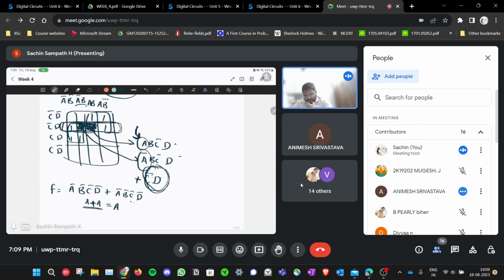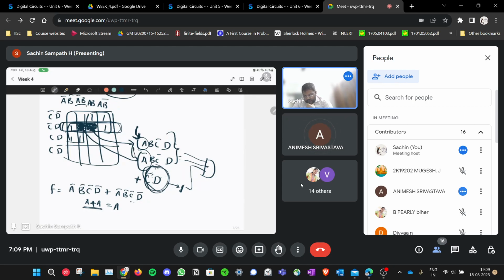Suppose you are transitioning from this one to this one, the c bar d stays high either way. So if you add it to the function output that you get, you AND it with whatever minimum expression you got, then what will happen? Yeah, it won't depend on the a.